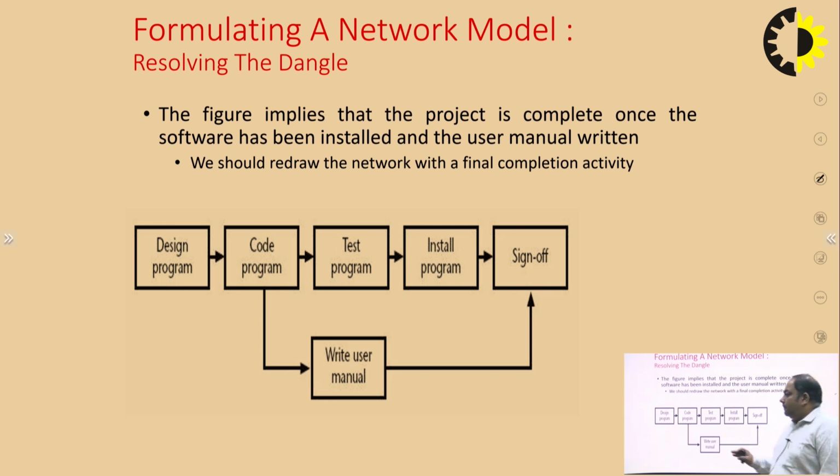Like when we order any product, we get a user manual within the box. In that user manual, the instructions tell how to use that software or how to use that product. So the user manual is written when we code the program, but we use that user manual after installing the program.